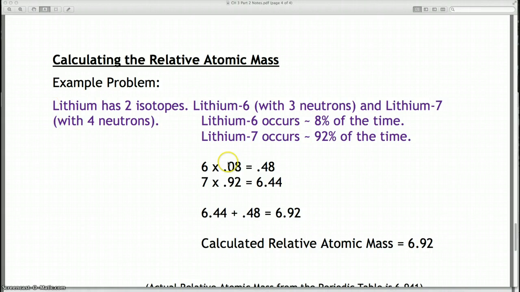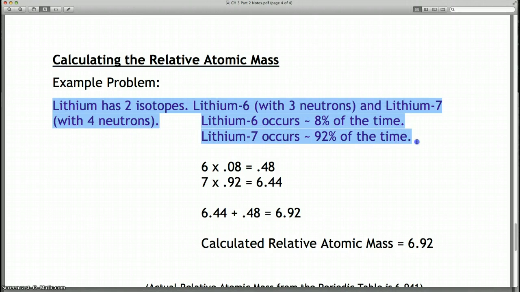The stuff in purple here is all stuff that would be in the question. So this would be like the question on a worksheet or on a test. I believe there is a question like this on the practice quiz. So, again, all the highlighted stuff here is stuff that would be given to you in the question.